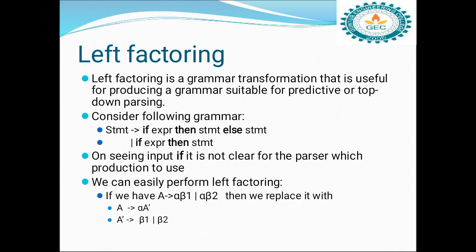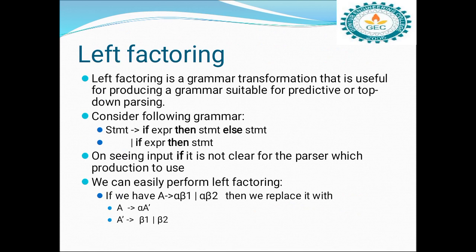If we have A tends to alpha beta 1 and alpha beta 2, then we replace it. So how do we recognize that the grammar needs left factoring? Left factoring means A tends to alpha beta 1, alpha beta 2, and so on: the right hand side has alpha followed by any number of betas.